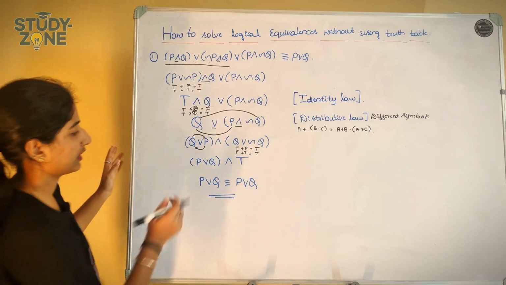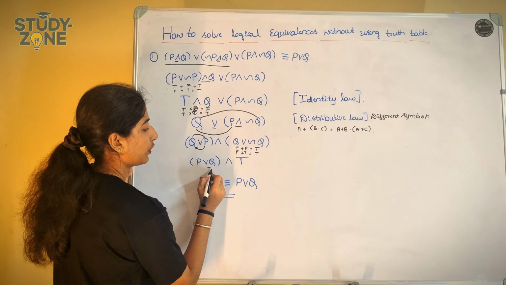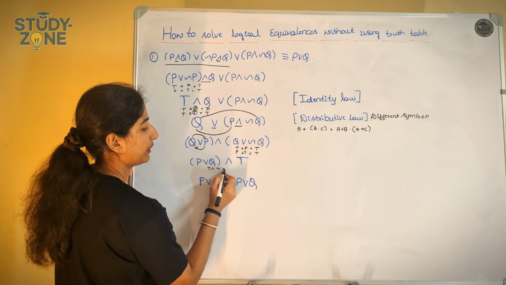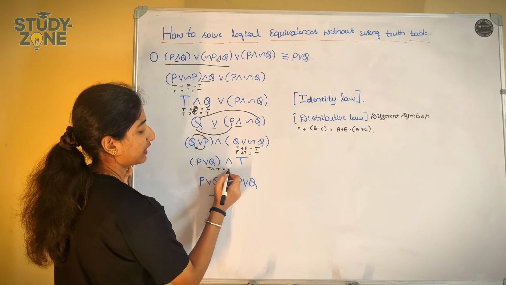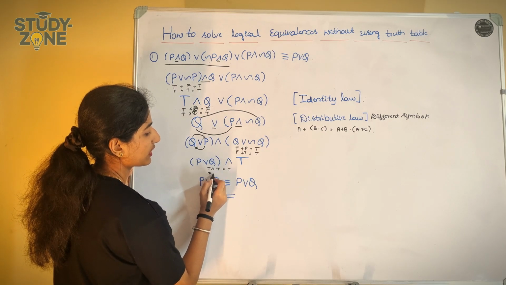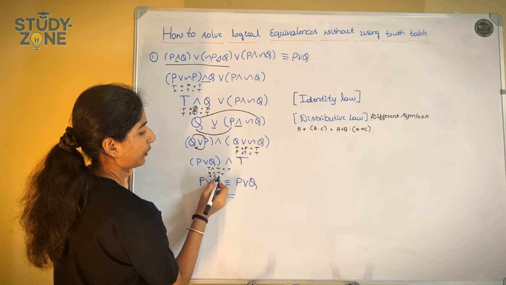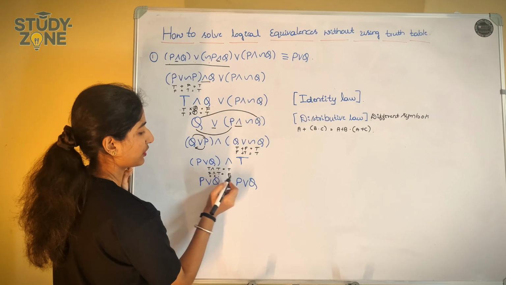So here same thing, let us assume that P and Q is true. So true and true, what will it be? It will be true, right? And then false and true, that is 0 into 1, that is 0, right? That is false.